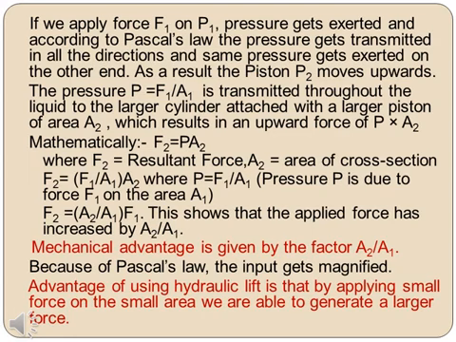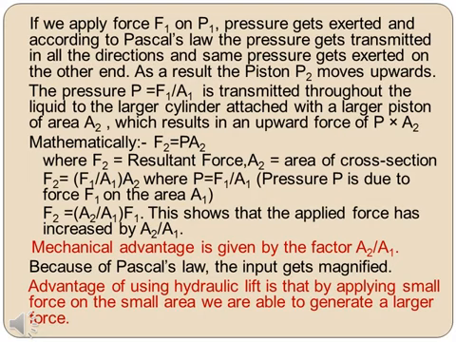If we apply the force F1 on the piston P1, the same pressure gets transmitted in accordance with Pascal's law for transmission of fluid pressure. It will be transmitted in all the directions and the same pressure gets exerted on the other end.